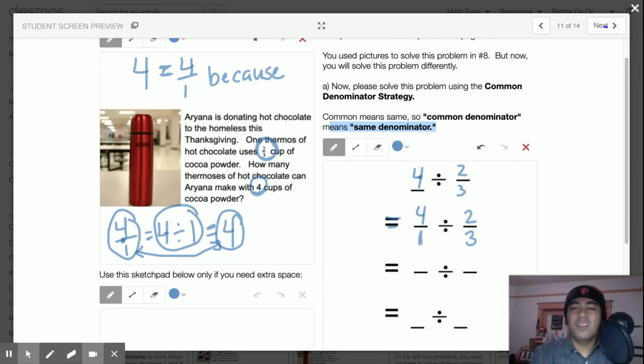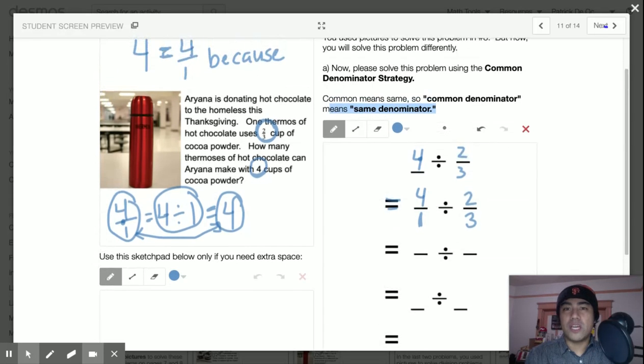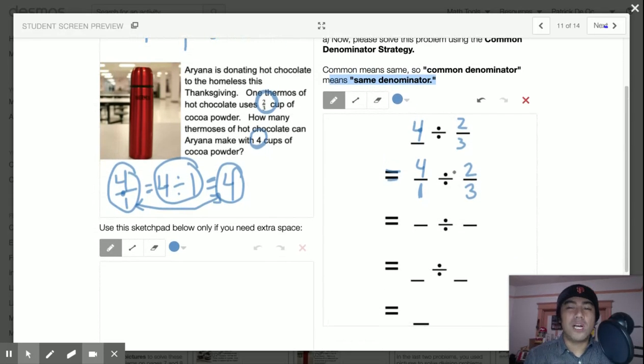Okay? Now, you've got to use the common denominator strategy. So now your job is to make this the same as this. You need to think about which fraction you're going to change.